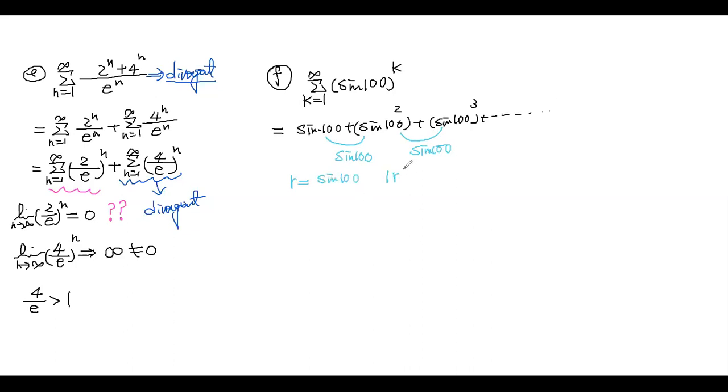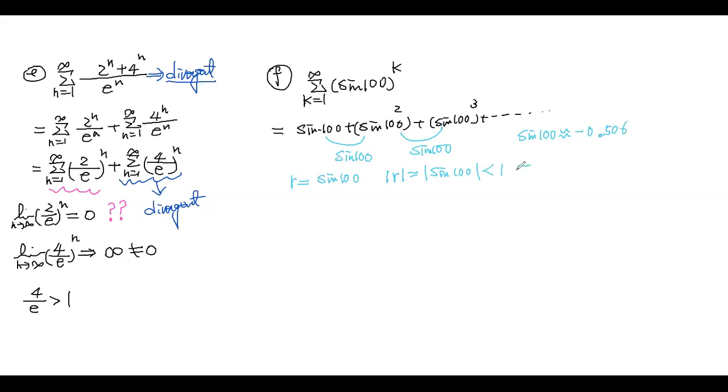Let's take a look at the absolute value of r, which is the absolute value of sine 100. I know the sine function is less than 1 in absolute value. Because if you put sine 100 into your calculator, this one is close to negative 0.506, so I know this is less than 1.